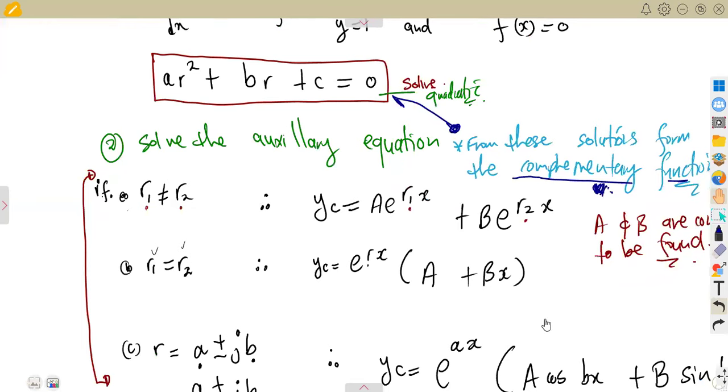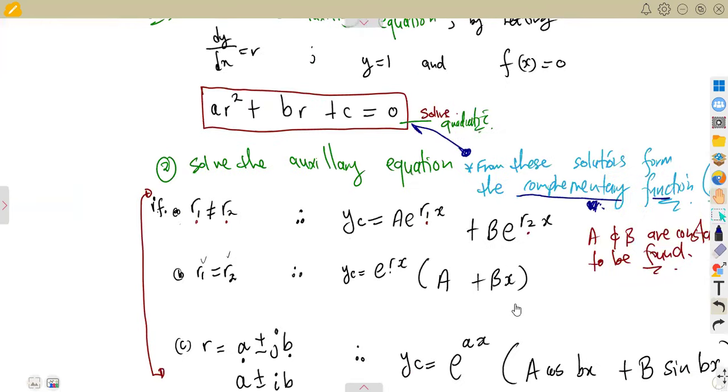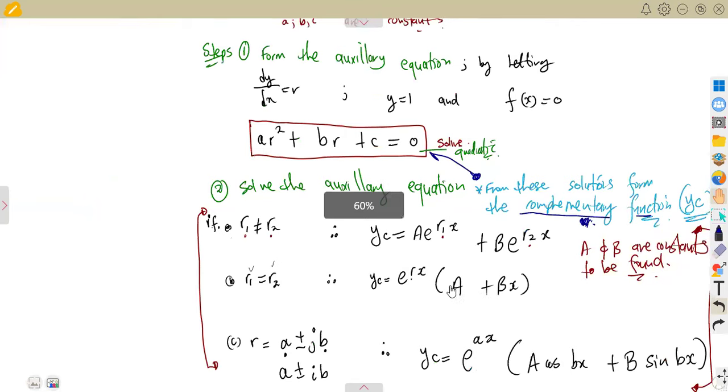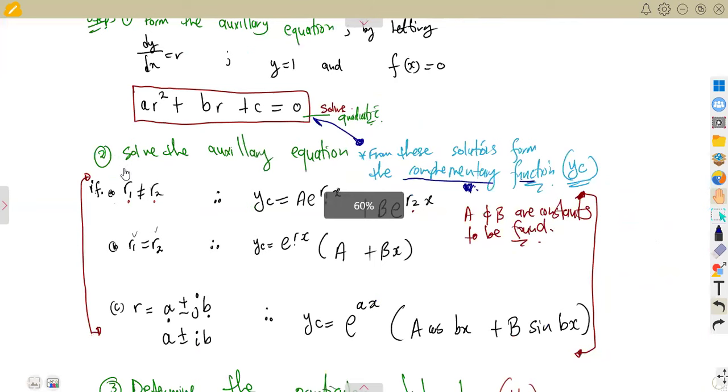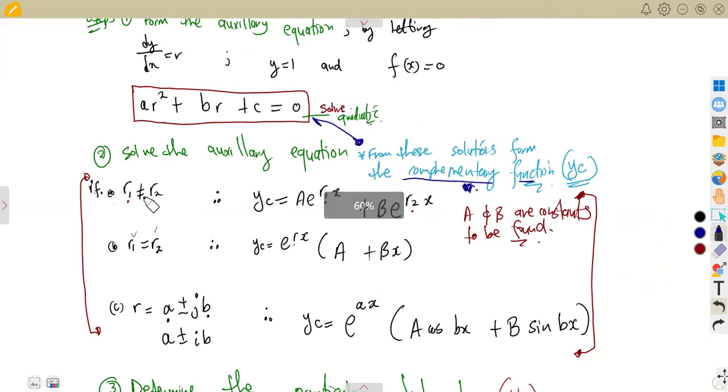You have solved these equations, which is fine. How are the solutions given? Let's check. Are they equal? Are they complex solutions that we have there?